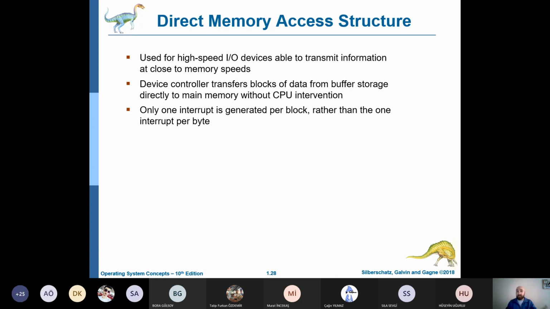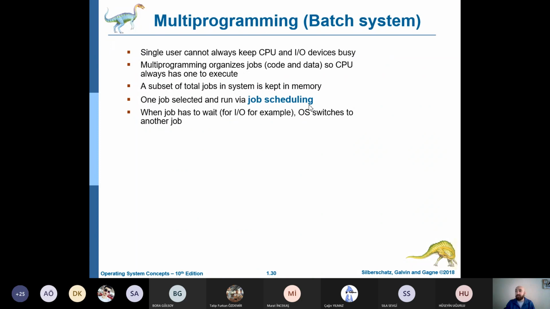Instead of that, we are using direct memory access, so your device controller can transfer a block of data instead of just one byte. After that, it can just create one interrupt per block. So this is the power of the direct memory access structure.